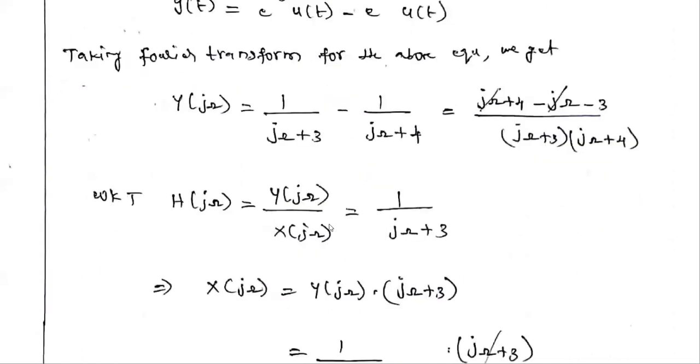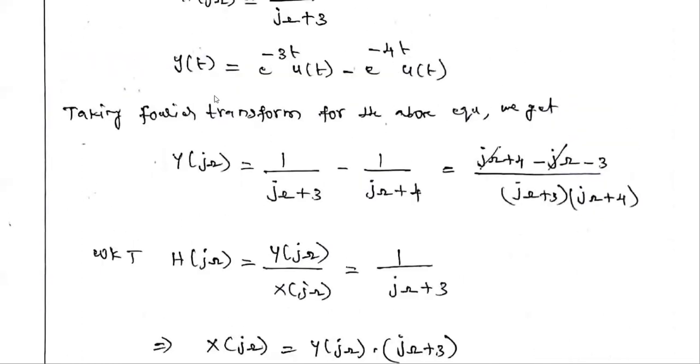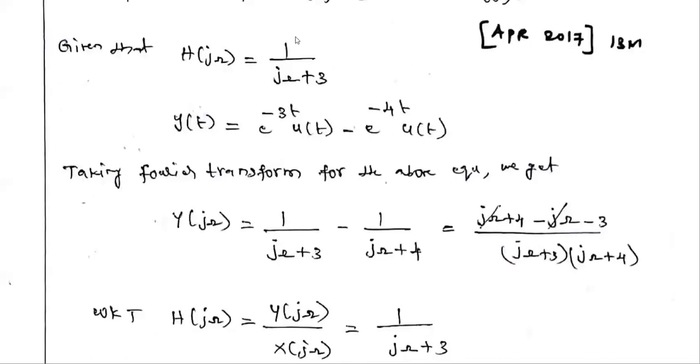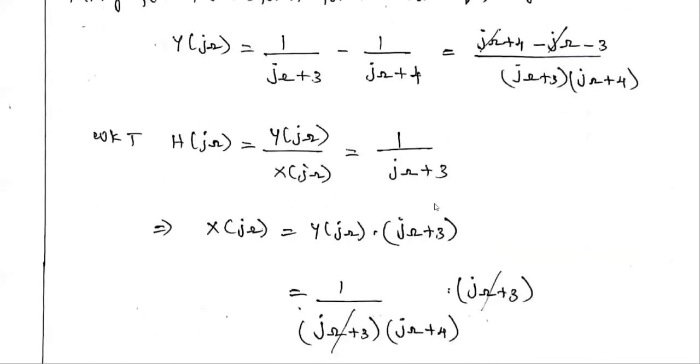We know the frequency response is given. H(jω) is given as 1 by (jω + 3). What is the frequency response H(jω)? It's the ratio of the output of the system divided by the input of the system, that is, the Fourier transform of output by the Fourier transform of input, which is given as 1 by (jω + 3). Y(jω) we calculated, so from that we need to calculate X(jω).